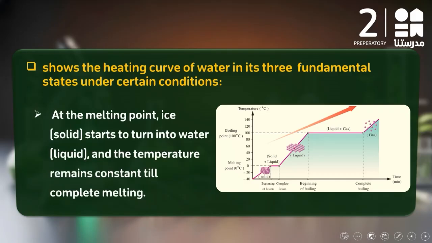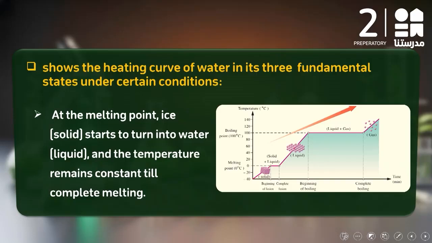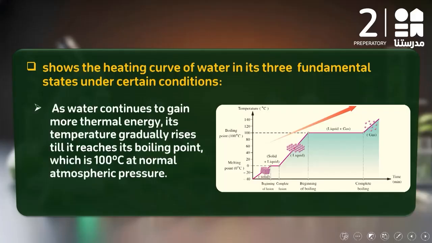The second step: at the melting point, the solid starts to turn into water, the liquid state, and the temperature remains constant until complete melting, so it will melt gradually. Third step: as the water continues to gain more thermal energy, its temperature gradually rises until it reaches the boiling point, which is 100 degrees Celsius at normal atmospheric pressure.